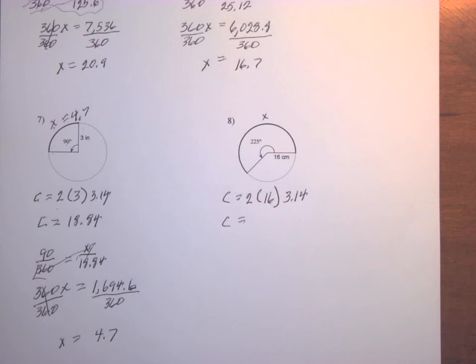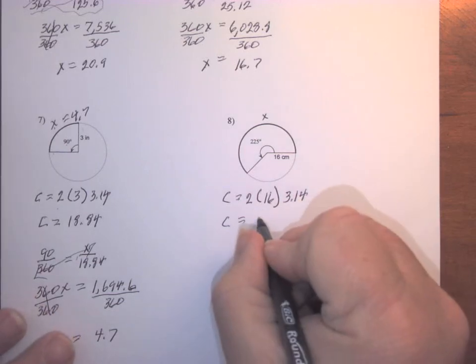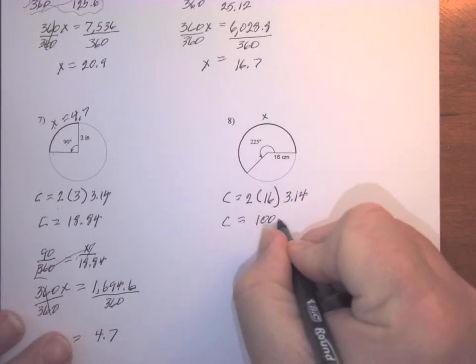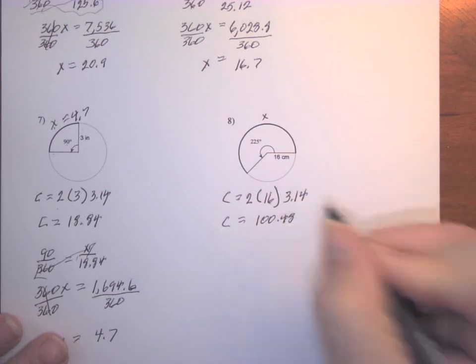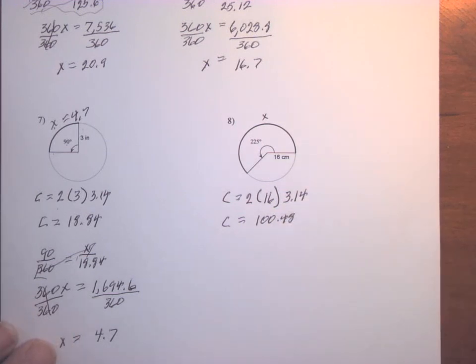Let's clear this one out. 2 times 3.14 is equal to 6.28 times 16 is 100.48, okay? 100.48.